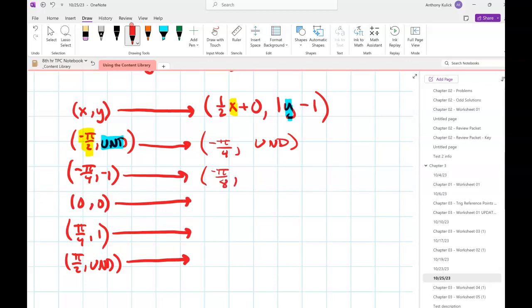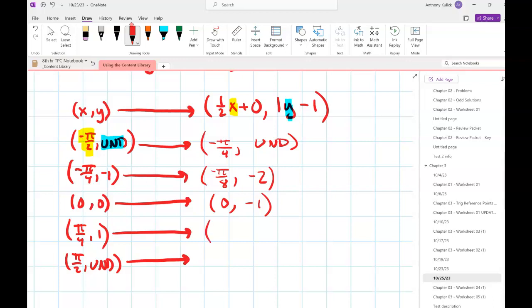And then 1 times negative 1 minus 1 is negative 2. Here you go, guys. 1/2 times 0 plus 0. 1 times 0 minus 1. Thank you. I knew you guys could do that one.